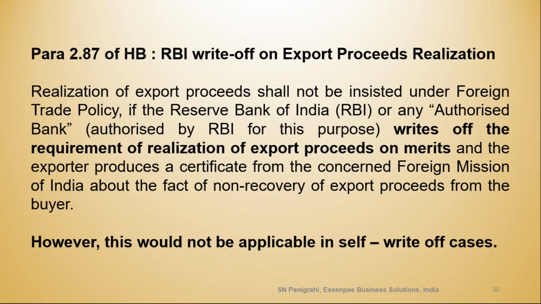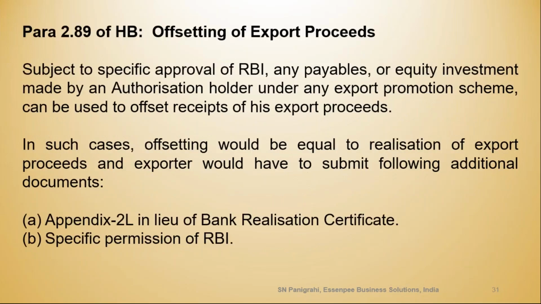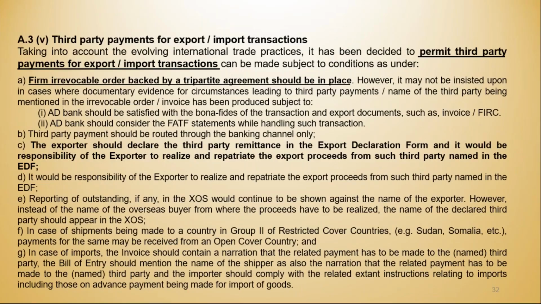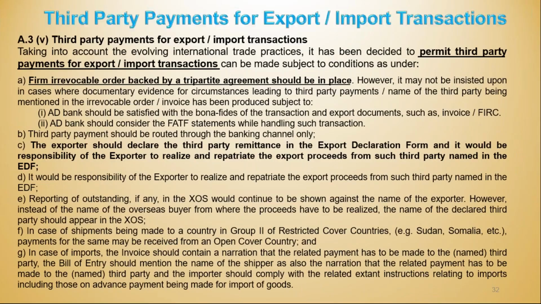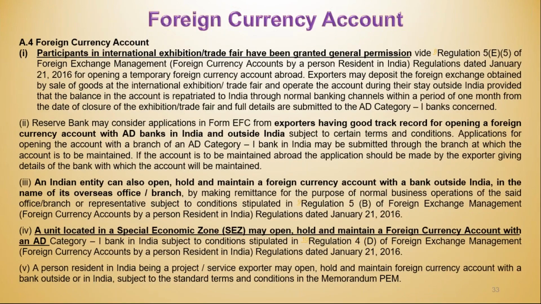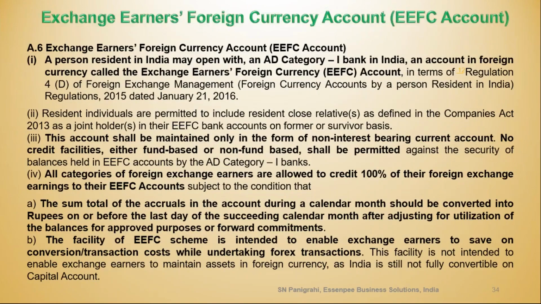In such cases, write-off provisions are also given to the banks. They can write off based on the credentials of the applicant. Third party payments we have already discussed. Foreign currency account, EFC account, discussed.